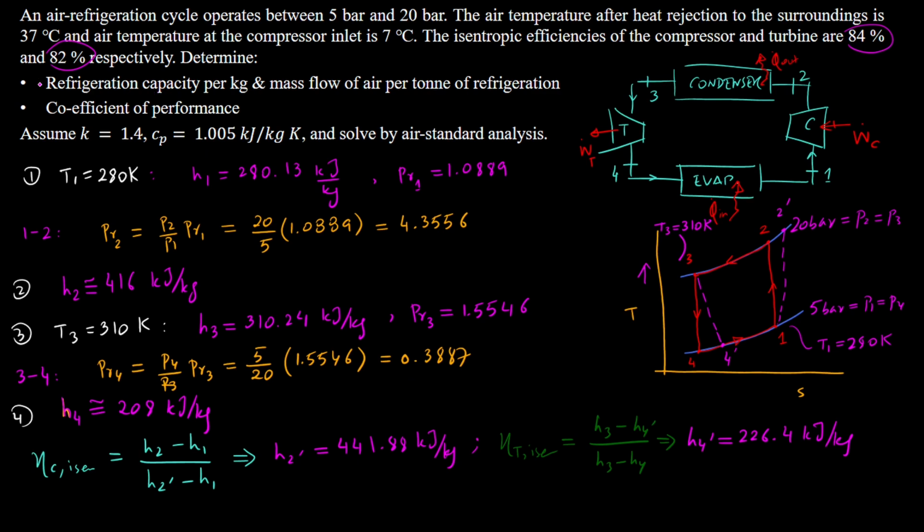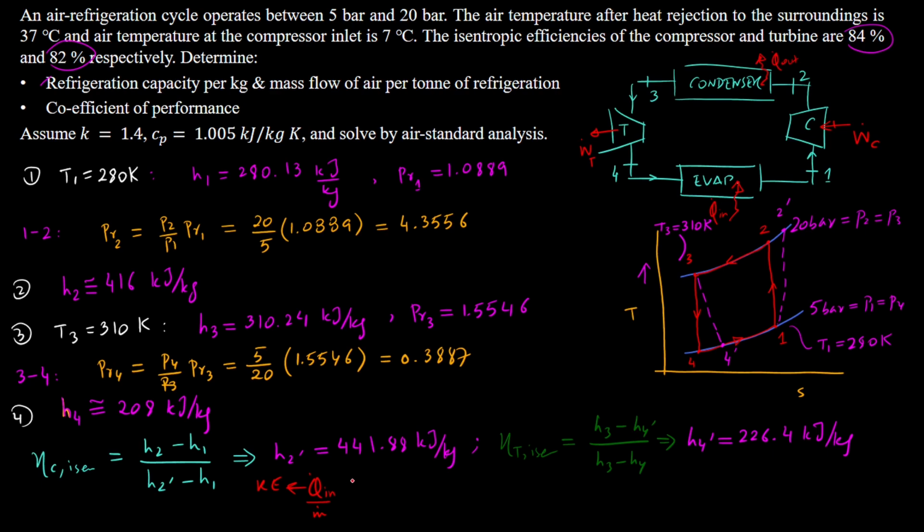Okay, so we've got the enthalpies that we needed at all the states now, and we can go ahead and find out the refrigeration capacity first of all. Refrigeration capacity is just this Q dot N that you have. So if you go back to the theory, Q dot N by M dot, where Q dot N is your refrigeration capacity or refrigeration effect.